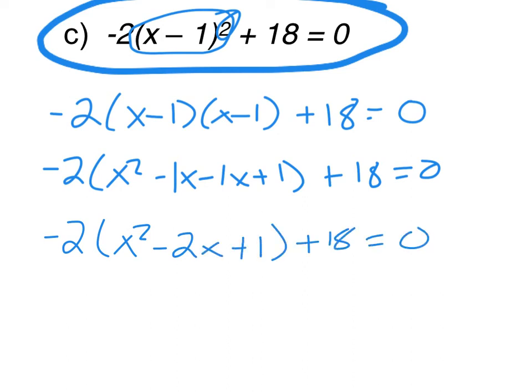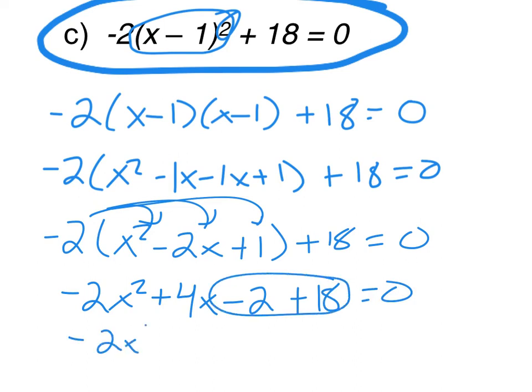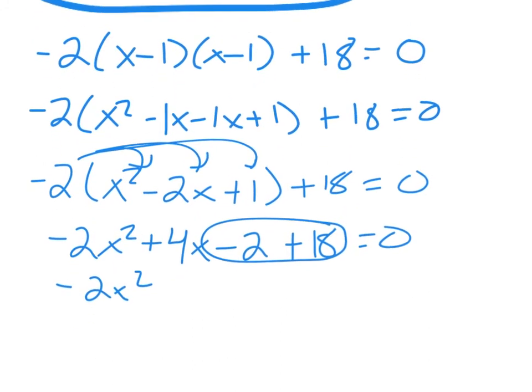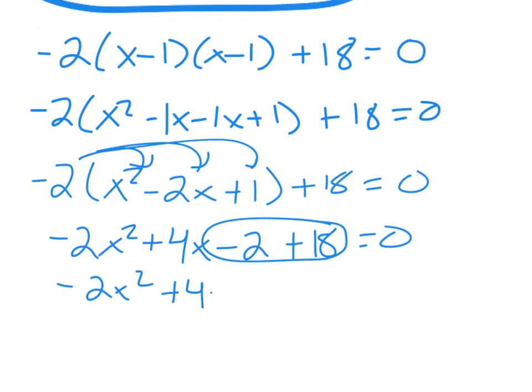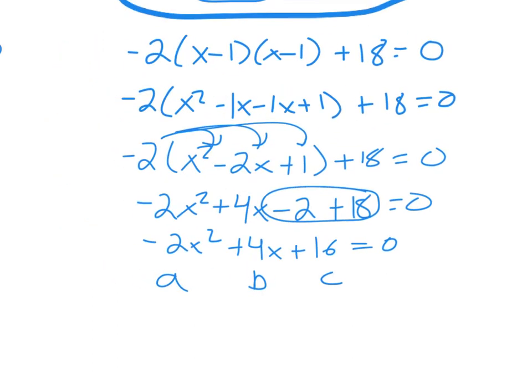Then I can expand the 2 inside my bracket to break it. Collect my constants at the end. And now I have my A, B, C that I can use my quadratic equation for.